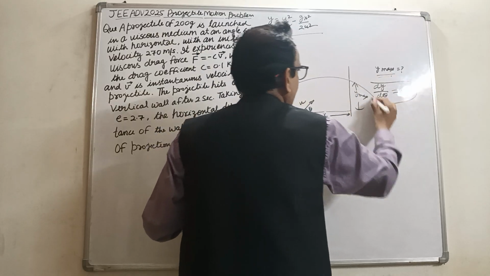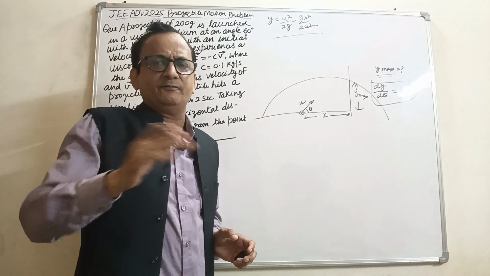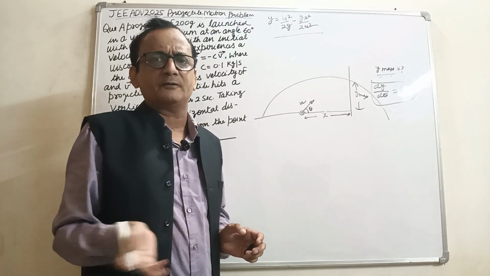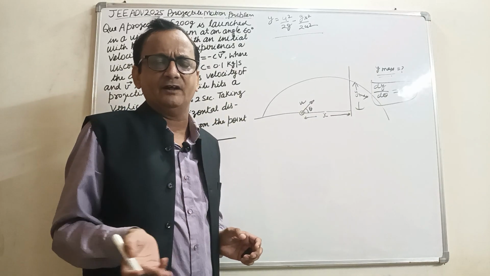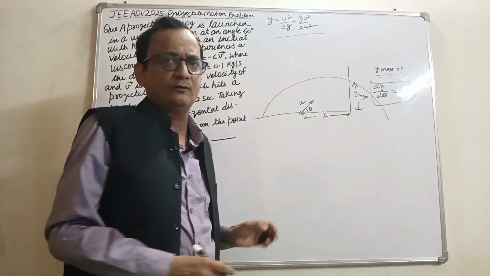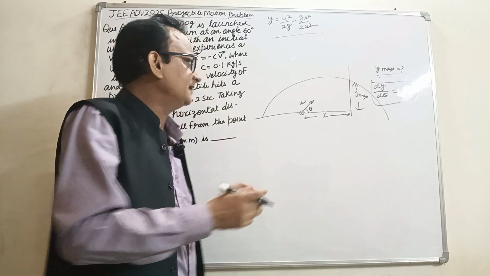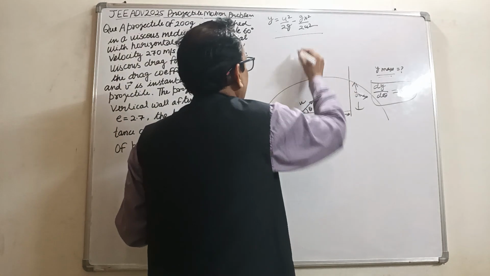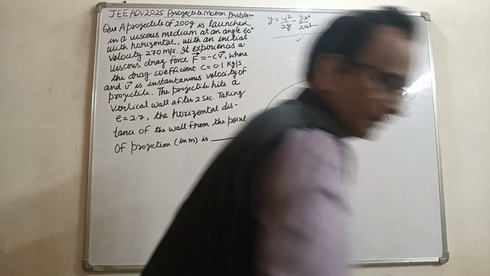We don't have to write the equation of the parabola, differentiate it with respect to theta, equate it to 0, find theta and then place it back. This is the other way, and this is also the shortcut way.